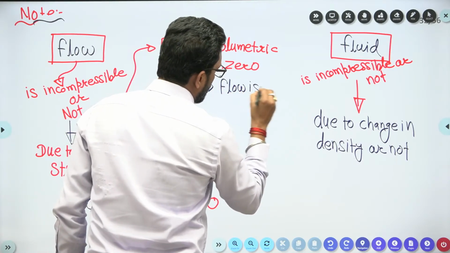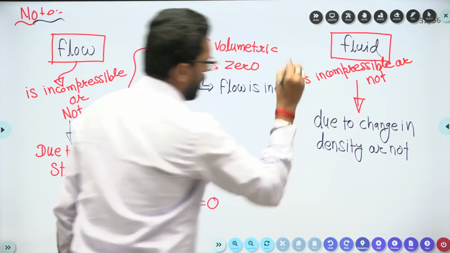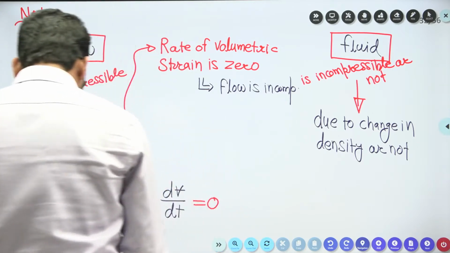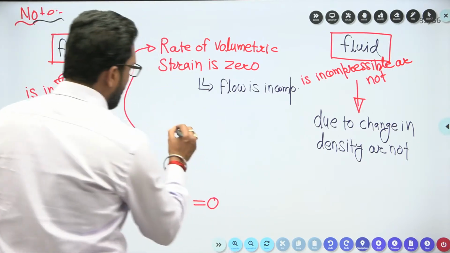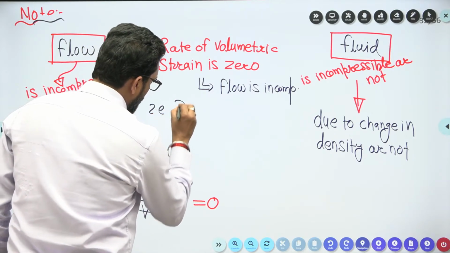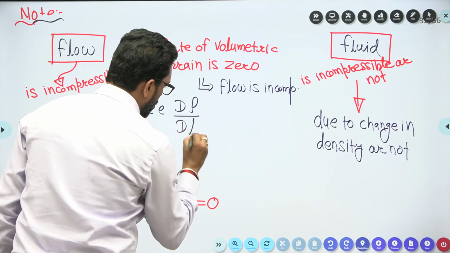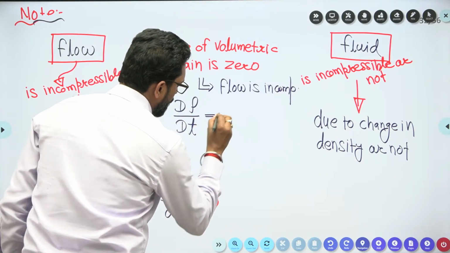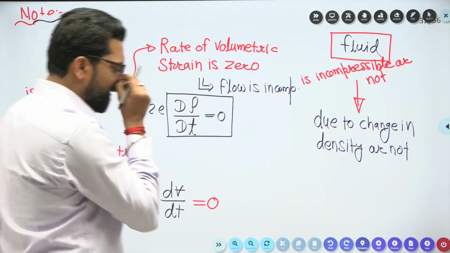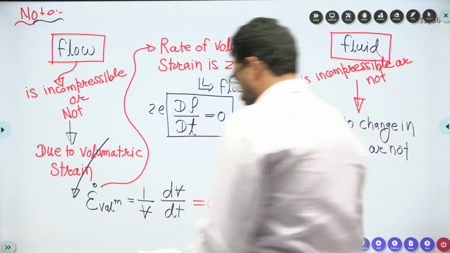Flow is incompressible, right? That is the material derivative. Beta, I am telling you, D rho by Dt is equal to 0. This is the material derivative. I give you a little bit of concept. D rho by Dt is 0, right?